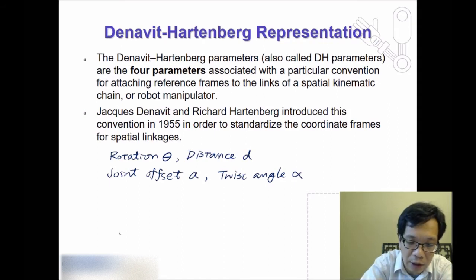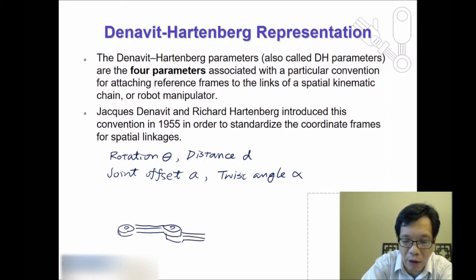So I got a specific joint. Let's say this is joint 0 and this is joint 1. And this one is going to be twisted a little bit. And this one is going to be connected to another robotic device.